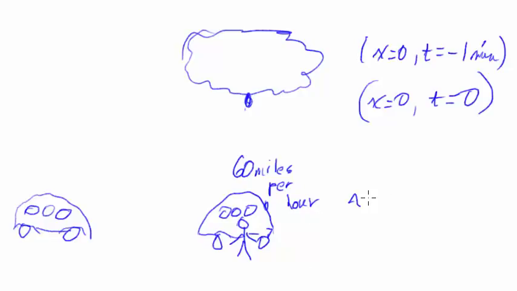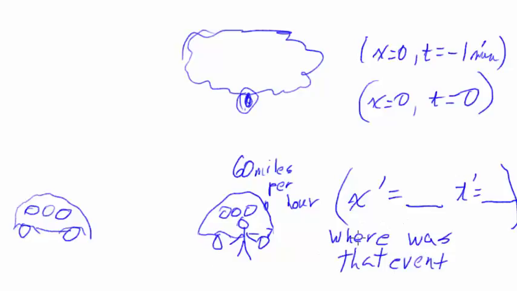At that moment, the car assigns coordinates to the formation of this event, the formation of that raindrop. Where was that event? And this is a weird question, but this is the way you have to ask it. Where was that event now?